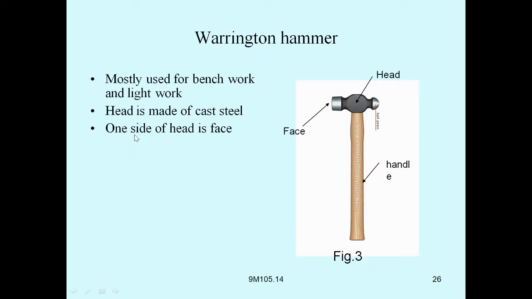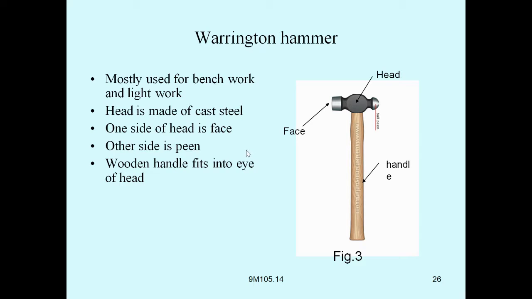One side of the head is the face, and the other side has a pin. This will be the pin. The wooden handle fits into the eye of the head. There will be an eye here in the head, and into this eye we have to insert the wooden handle.